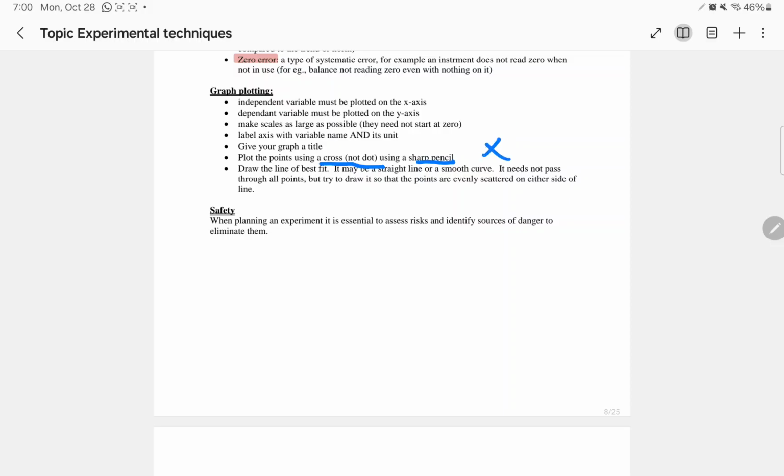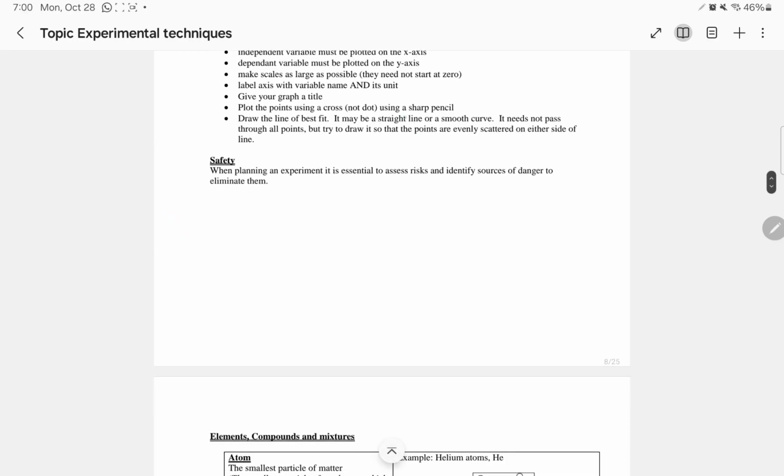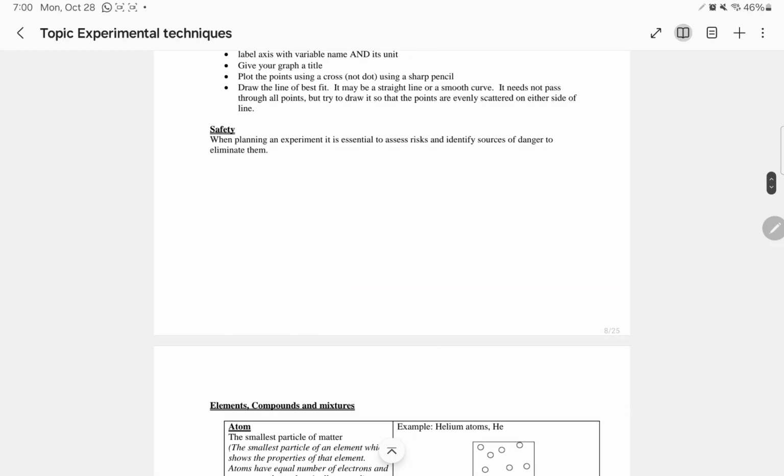A cross is more accurate than a dot, because you can make your dot as big as you want, covering as much space as you want, whereas a cross measures the point exactly. This would be the point you actually need. That's why you use a cross. Draw the line of best fit. Try to make it pass through all the points. Try, you don't have to.